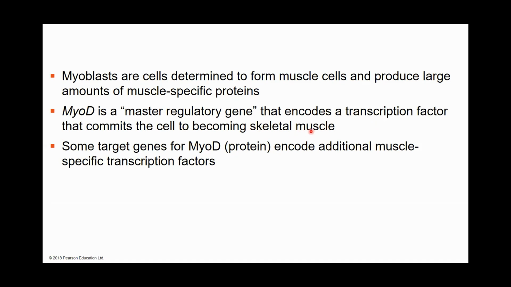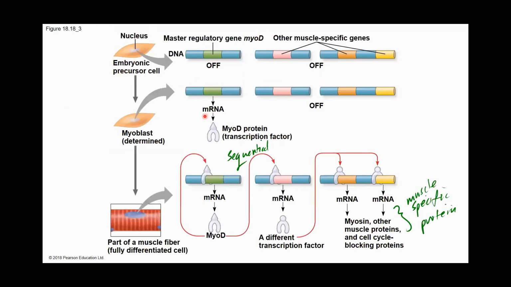So this MyoD, in this example, does not only drive the expression of this one transcription factor; it will drive the expression, for example, of several activators. Just for simplicity, only one is shown here.